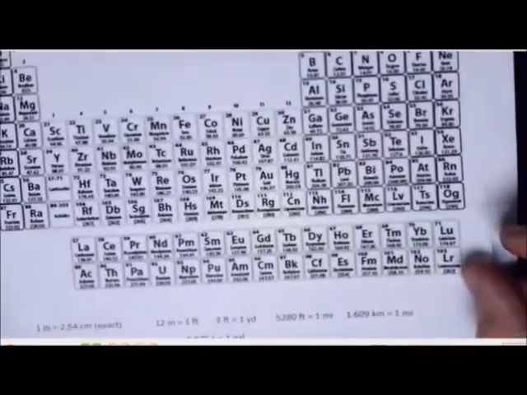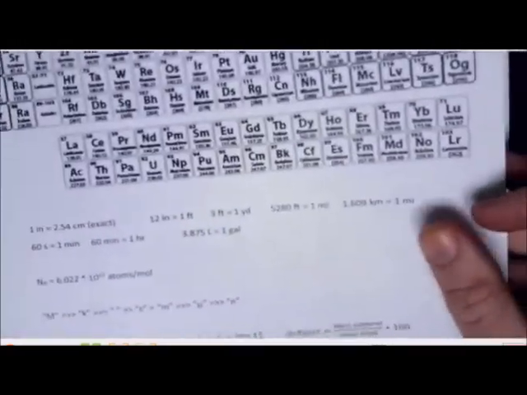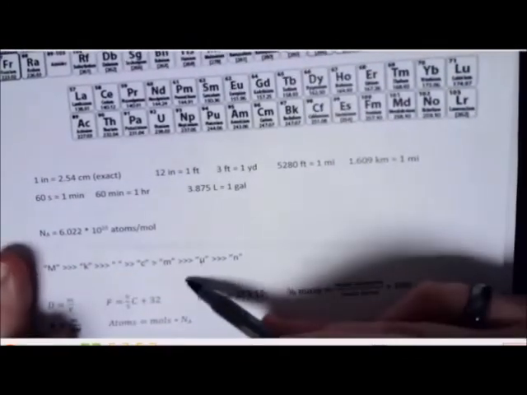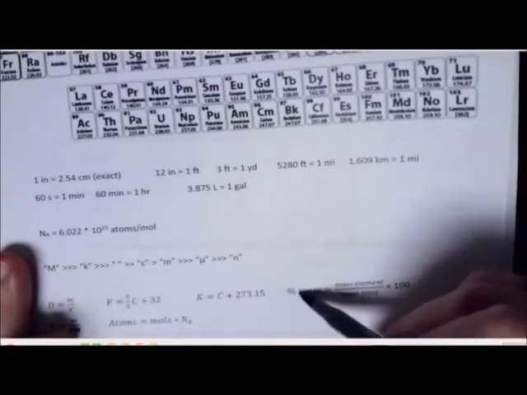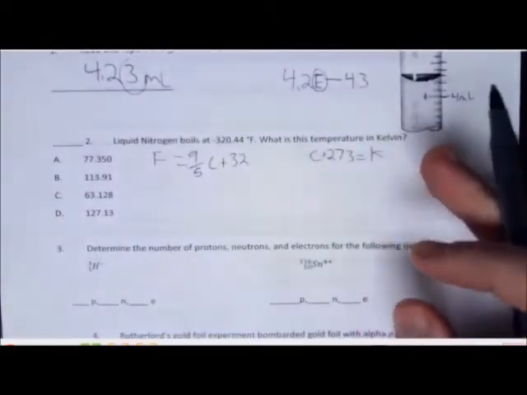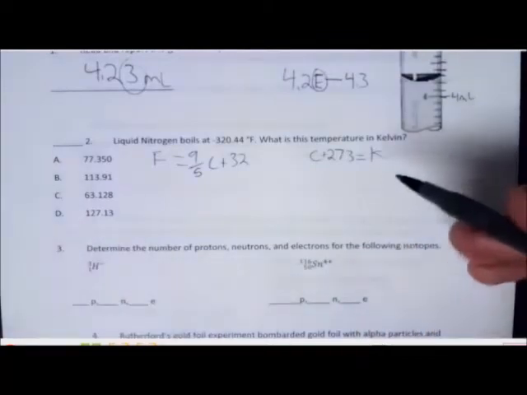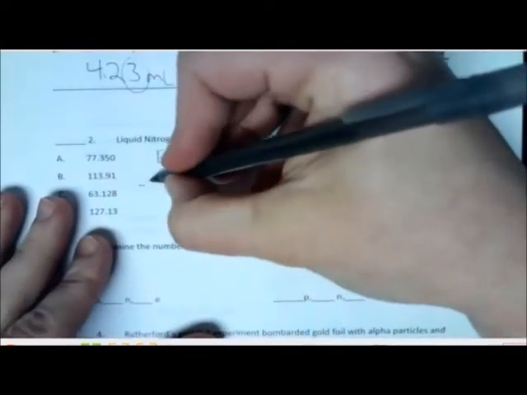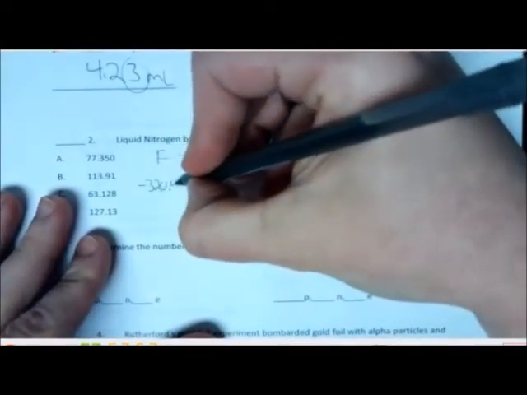So you see here, periodic table. Moving up, there's some conversions. And here are my equations. You don't have to memorize those. Those are going to be given to you, but you still have to know how to use them. Step 1: we have negative 320.44 here.